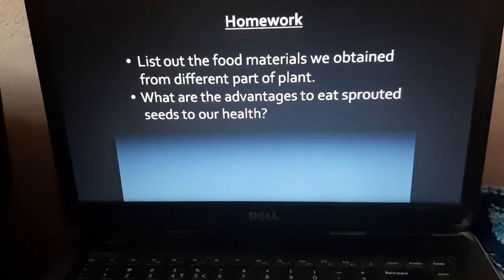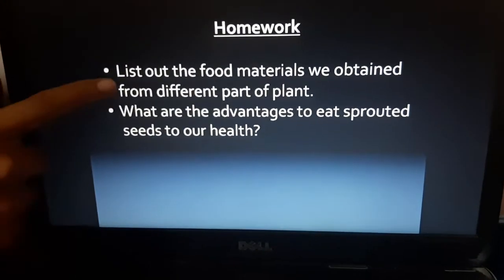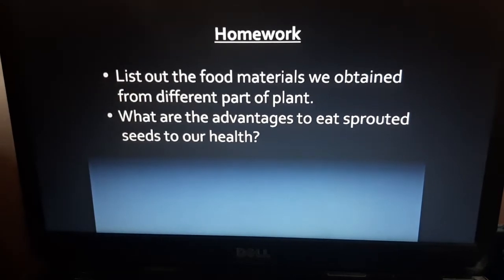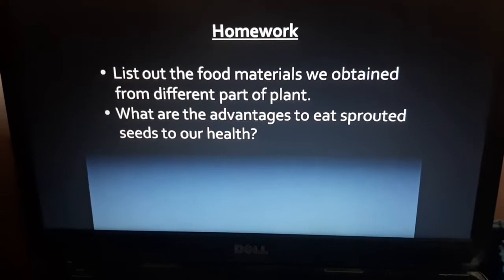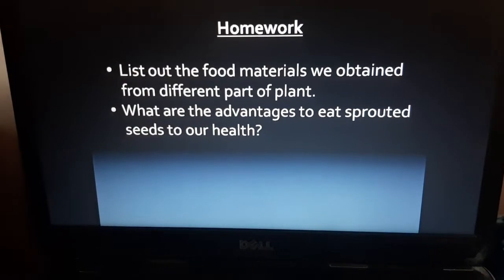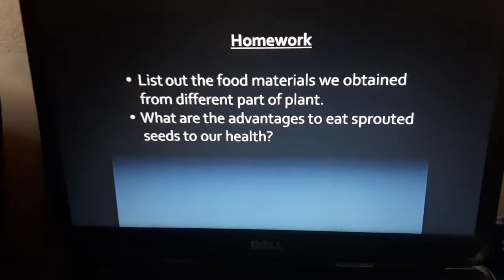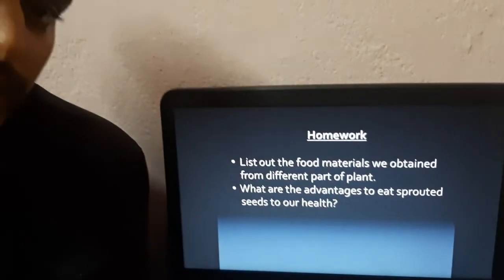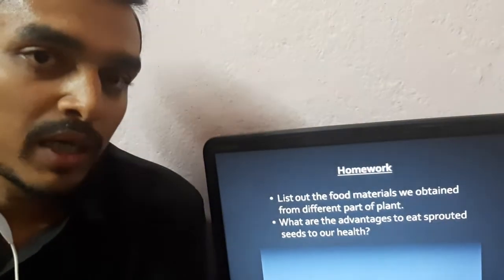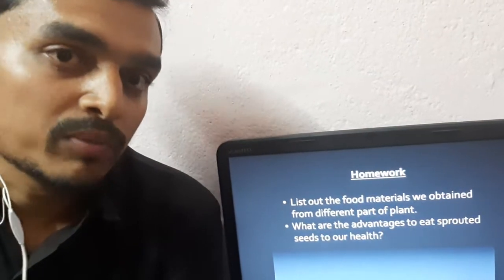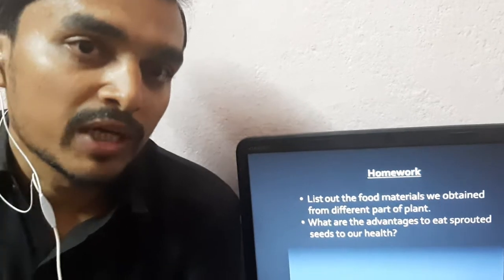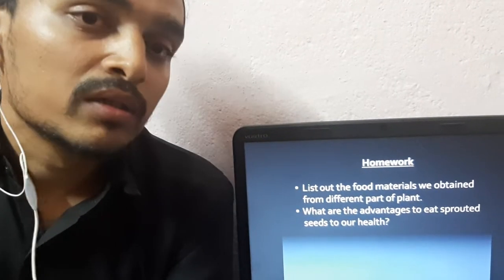Right now you have to do certain work: list out the food materials we obtain from different parts of the plant. Write down the name of the plant and which part of the plant we are eating. For example, carrot.